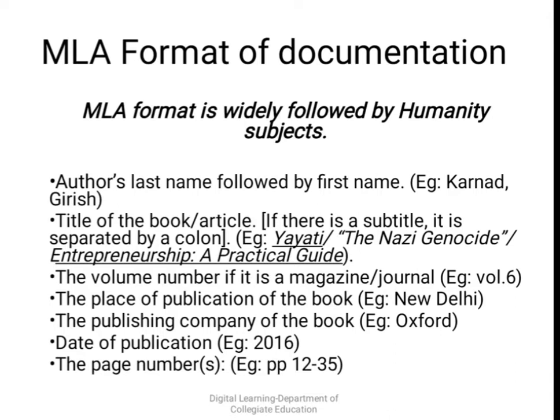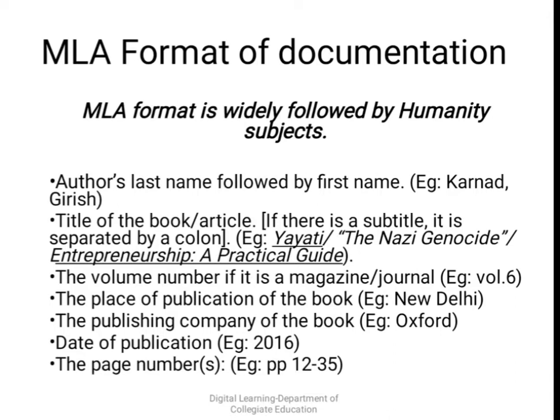Then comes the third entry, the volume number if it's a magazine or a journal. Example, vol. followed by whatever the number is. Then comes the fourth entry in a bibliography, the place of publication of the book.